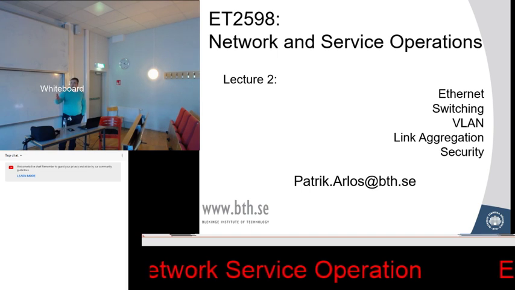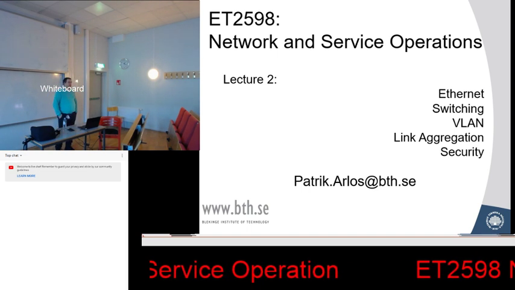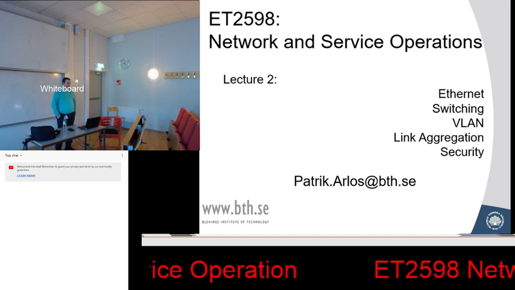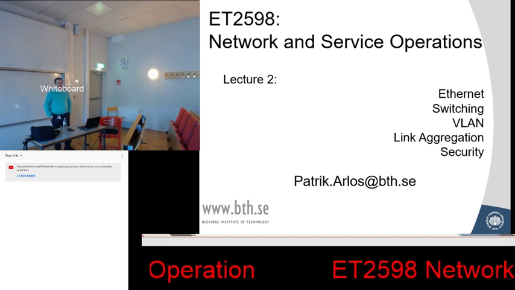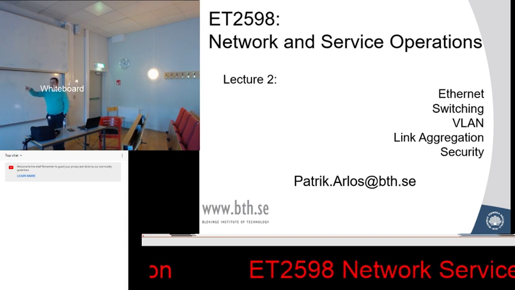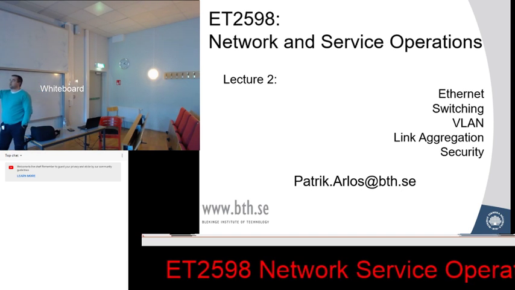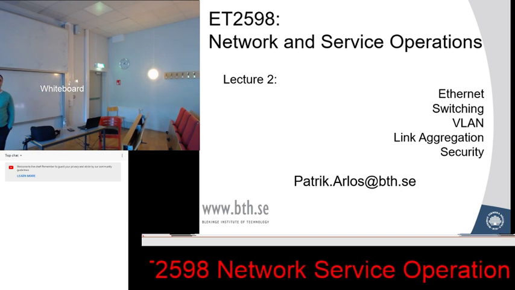All right. So today's lecture is about Ethernet, switching, VLANs, link aggregation, and a little bit about security. The thing that brings these together is that they are all considered to be on layer 2.